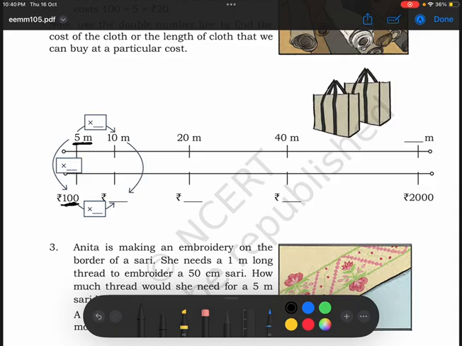We have to find the total cost, so it will be 500. And for 10 meters it will be 1000. In the same way, for 20 meters of cloth, the rate of 1 meter is 100, so 20 multiplied by 100 will be 2000. In the same way you can find 40 meters, it will be 4000.